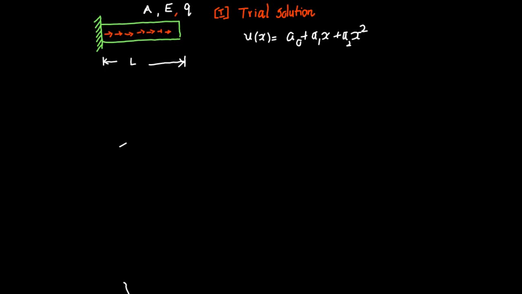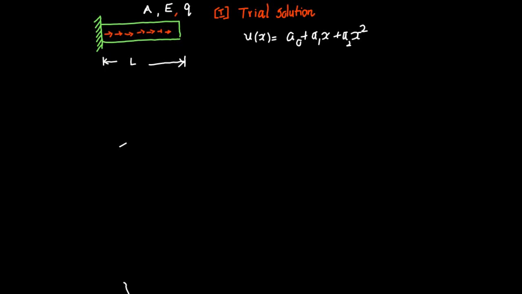I have answered all these already. I have derived the governing differential equation, and I will give the link in the description below. You will know why we have to assume a quadratic trial solution, because the governing differential equation of this bar has order 2.